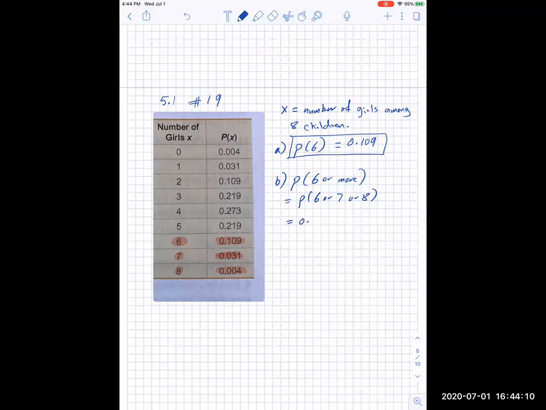So 0.109 plus 0.031 plus 0.004, which gives 0.144.